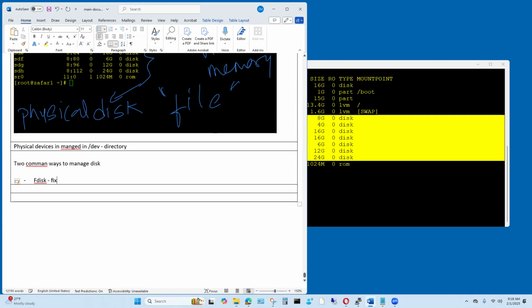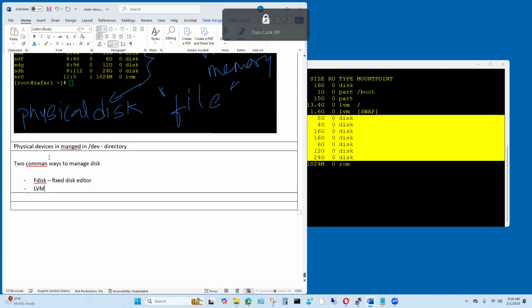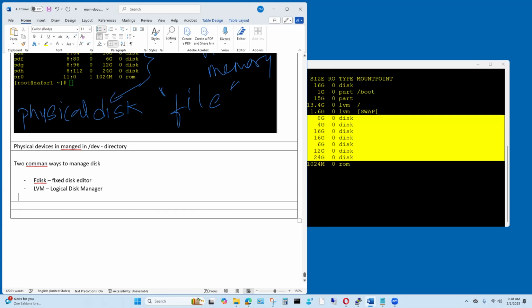And then LVM, the logical volume manager, which is what we are going to learn. fdisk you could still use, but nobody is using it, it is deprecated.